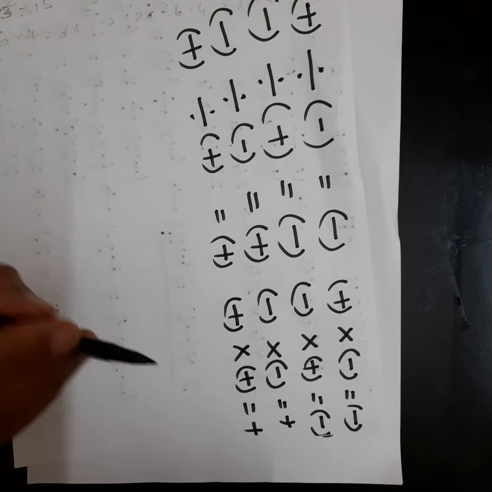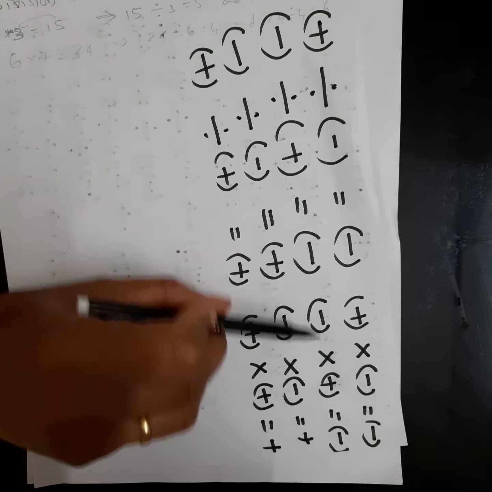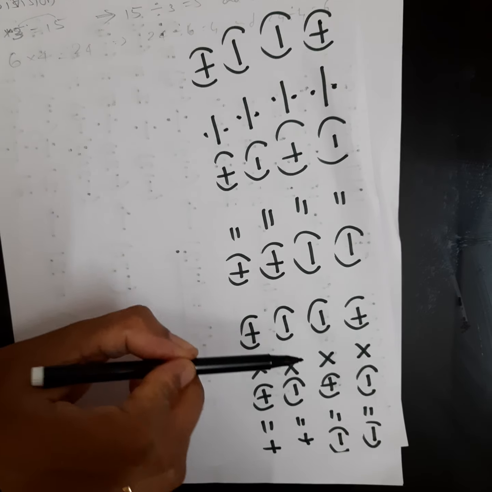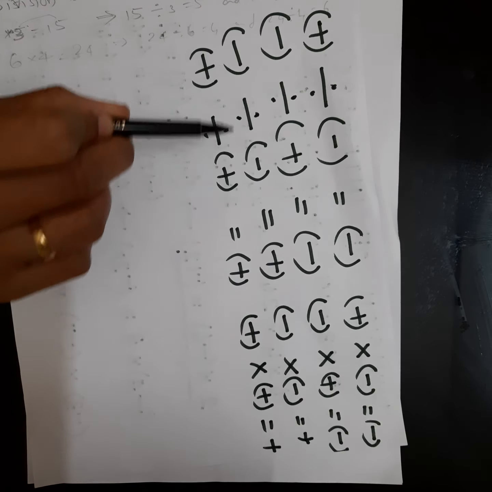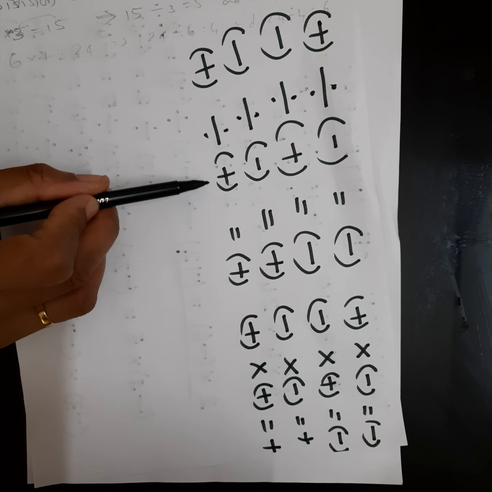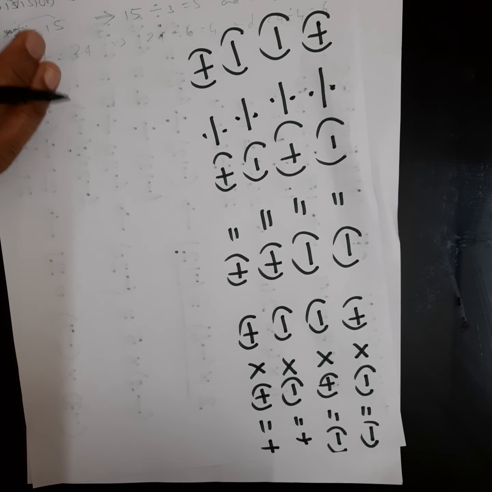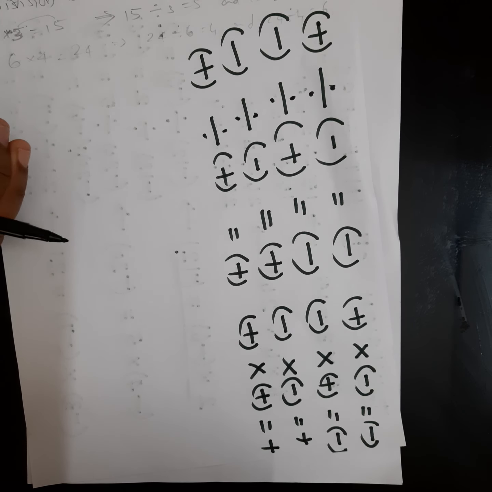See, here also, in both the case of multiplication and division, the negative and positive are the same. If any one of them is negative, answer is negative. If both are negative, answer is positive. Both are positive, then also answer is positive. Quotient is positive. That is the rule with the division.